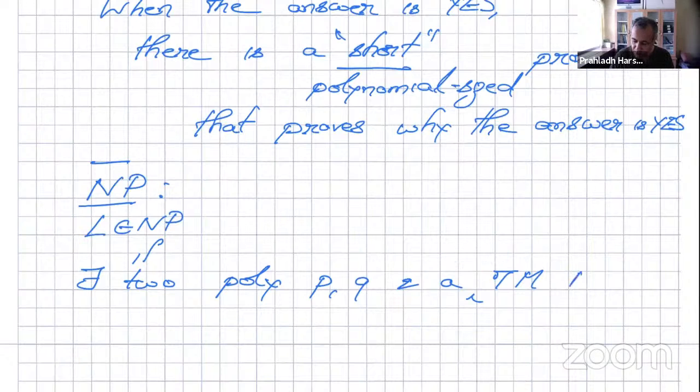A Turing machine M, such that x is in the language if and only if there exists a short proof. How short?